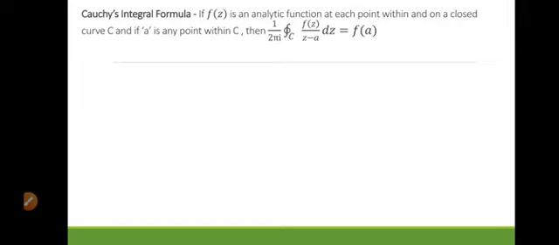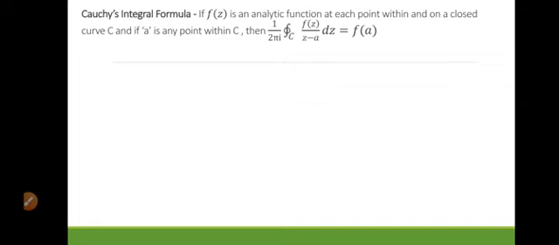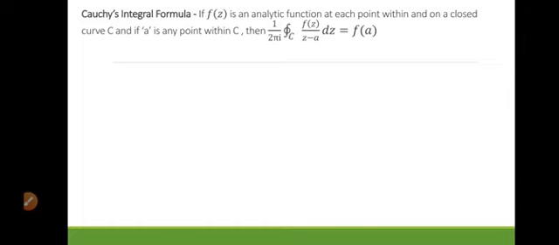If f(z) is an analytic function at each point within and on a closed curve C, and if A is any point within the curve C, then 1 upon 2 pi i times the integration over C of f(z) upon (z minus A) dz is equal to f(A).